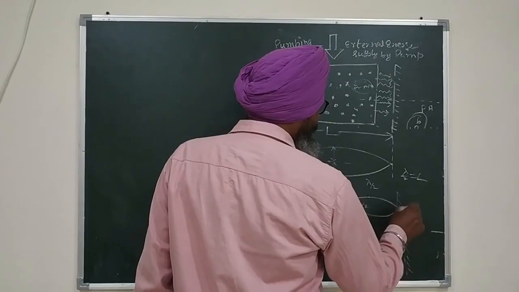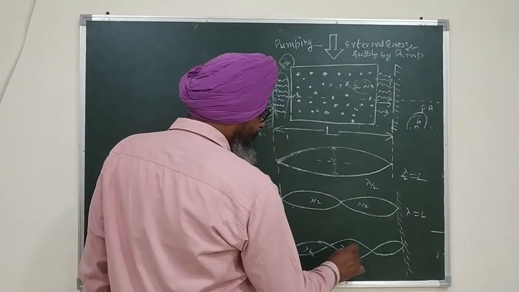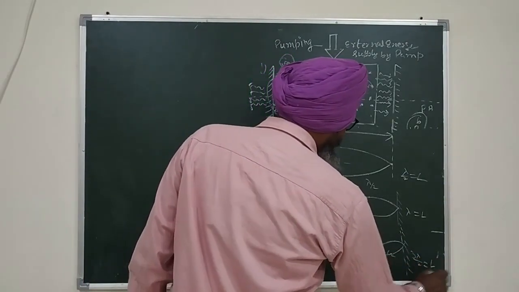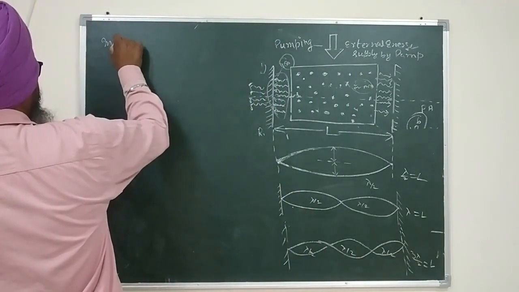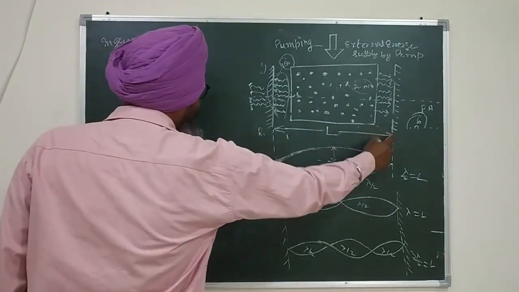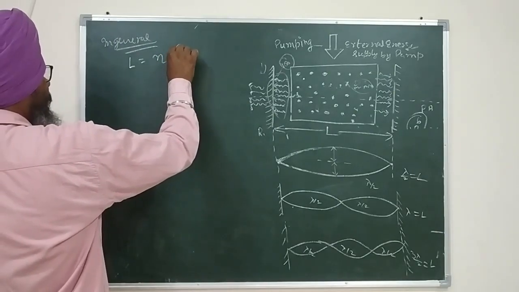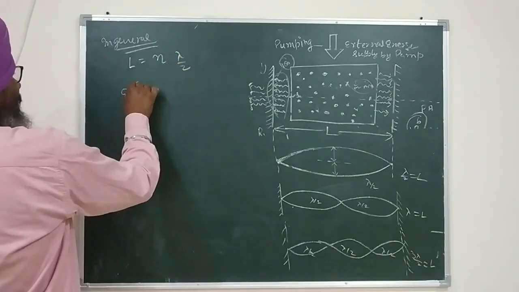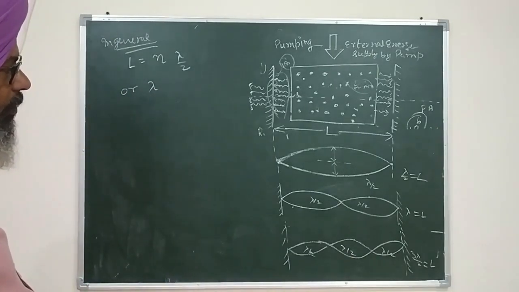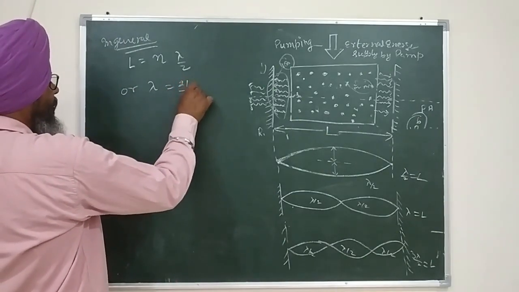So one full wavelength equals L. Then it will be lambda by 2, lambda by 2, lambda by 2, so 3 lambda by 2 is equal to L. In general, the distance between two mirrors L is always an integral multiple of half the wavelength, or you can say the wavelength of the stationary wave which can be formed within these two mirrors is given by 2L by N.